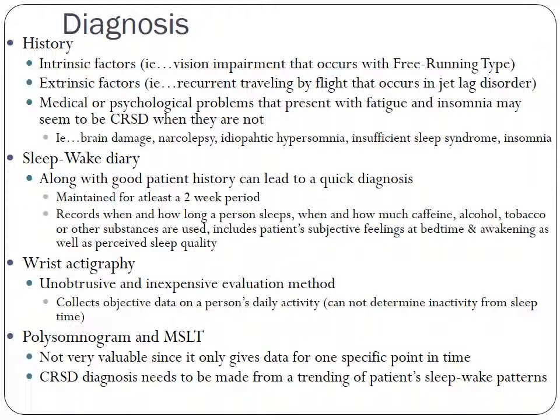Wrist actigraphy collects objective data on a person's daily activity. It cannot determine the difference between inactivity and sleep, but you can see how much consolidation of inactivity compared to how much activity time is occurring. When you do that, you can kind of assume that a person was asleep somewhere in this time period compared to when they were awake.